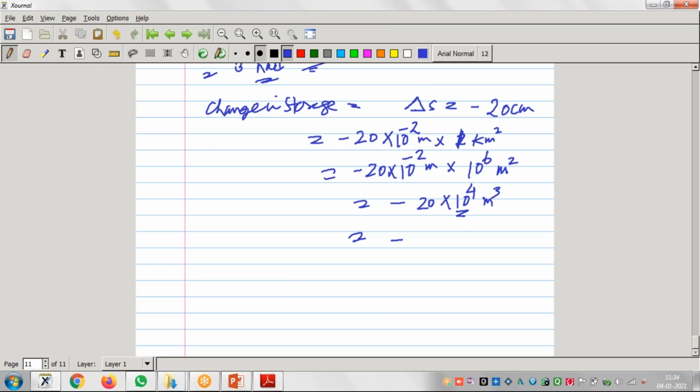If I convert it, minus 20 into 10 to the power minus 2 into 10 to the power 6. This was 20,000. Okay, minus 20 hectare meter.